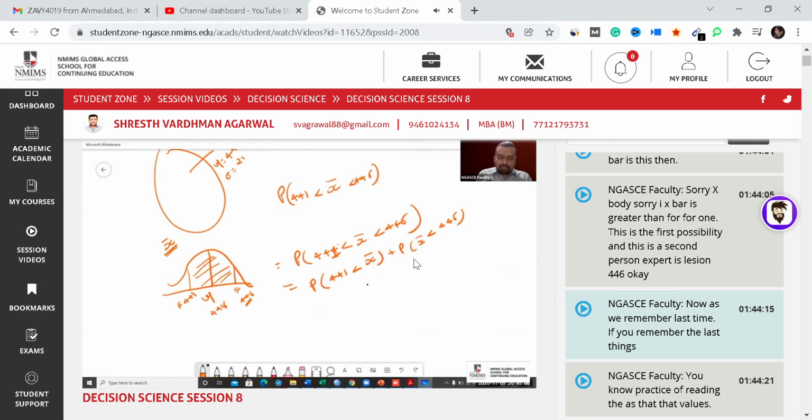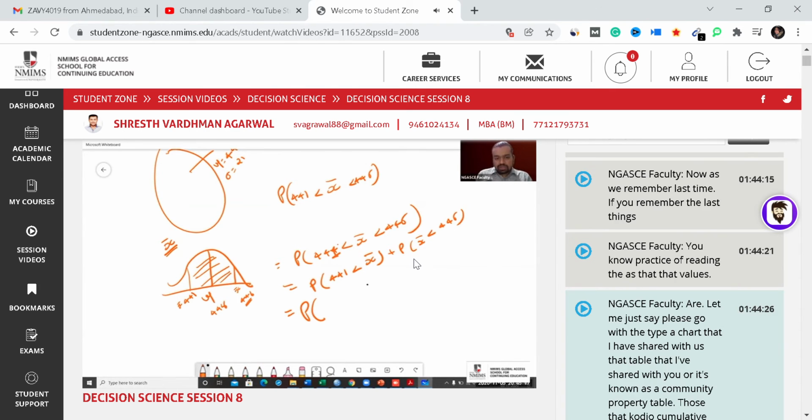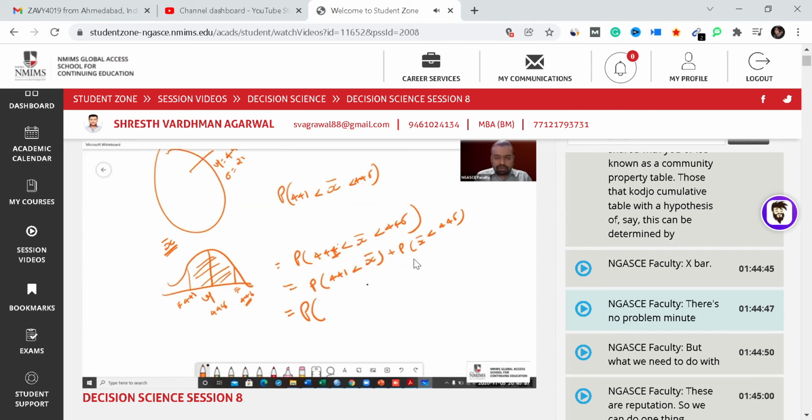As we remember from last time, the practice of reading the Z values, let me go with the type A chart, the Z table that I have shared with you, also known as the cumulative probability table. According to the cumulative Z table, this can be determined for X bar. There's no problem in it.